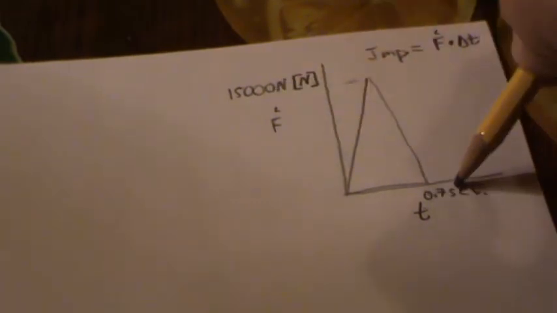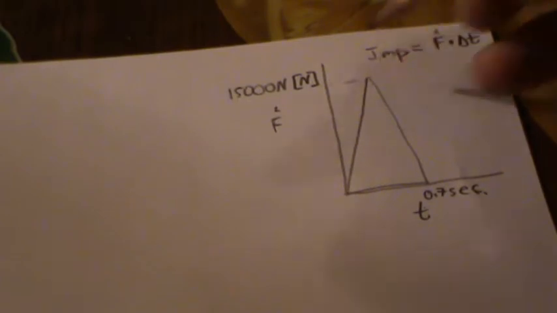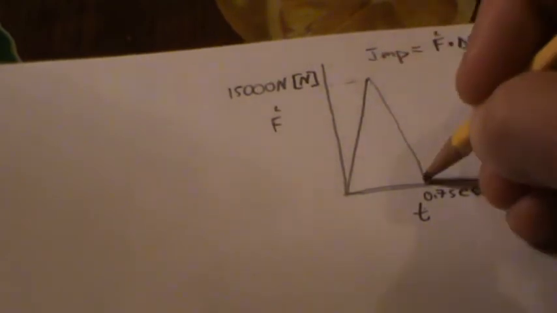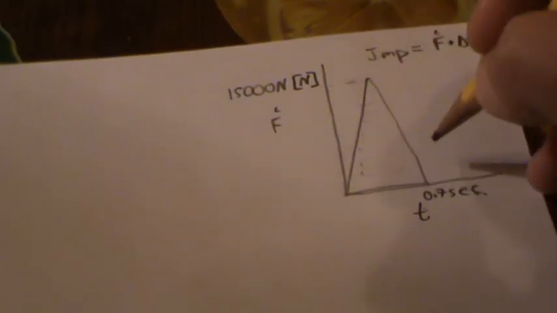And so the area of this thing here is 15,000 times 0.7 divided by 2, because it's a triangle. Okay, so it looks like the force is applied, and then it reaches its maximum, and then it's sort of unapplied as well.